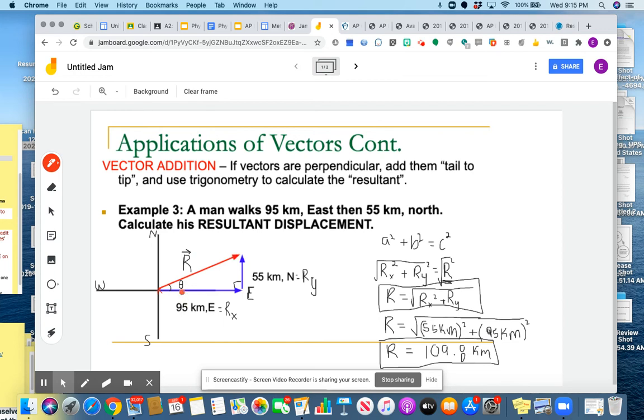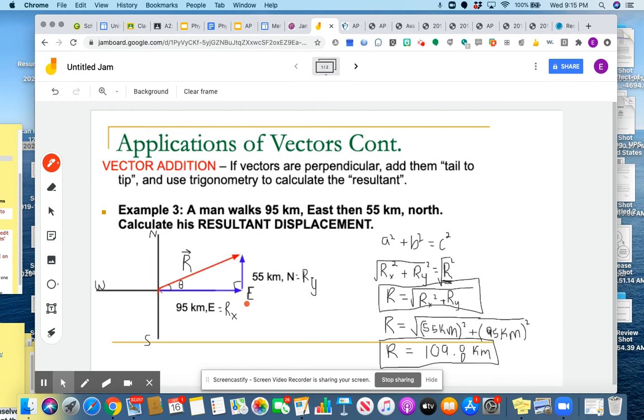So the axis in which the resultant vector is measured upon is the cardinal direction that goes second. So theta is in between the resultant and east. So the person is walking north of east.